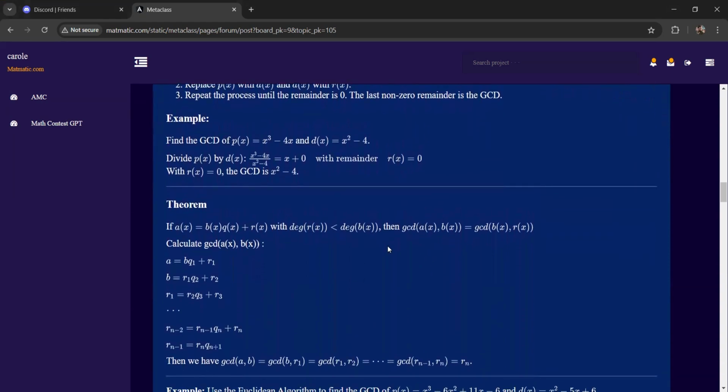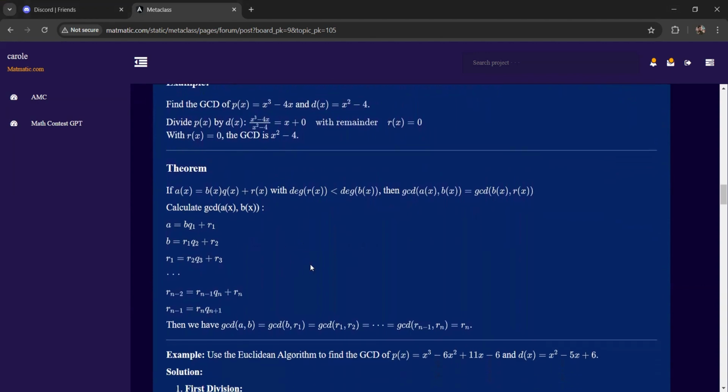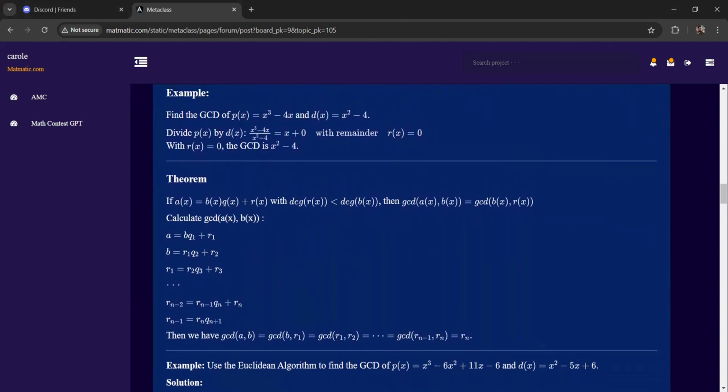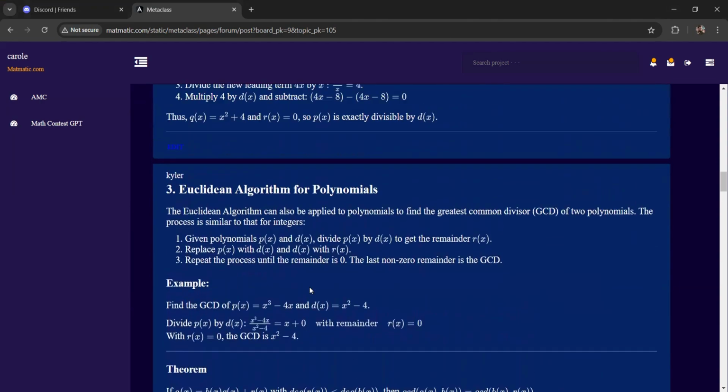And here we just have our theorem. It's just the same as the one for the integers, so I'll just skip this. Okay, so here we have another example.